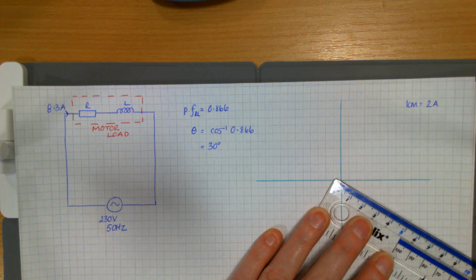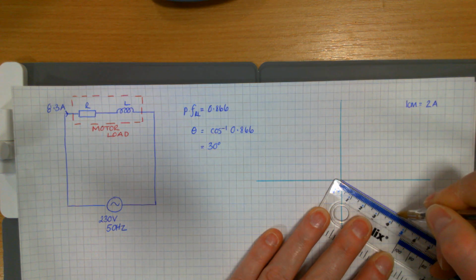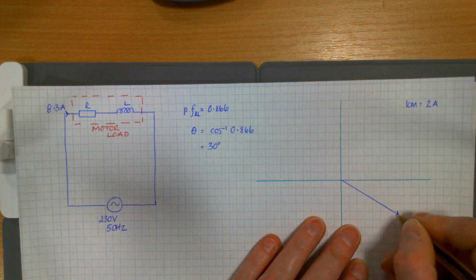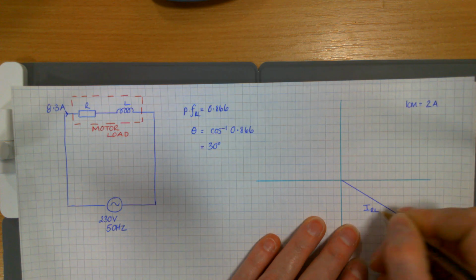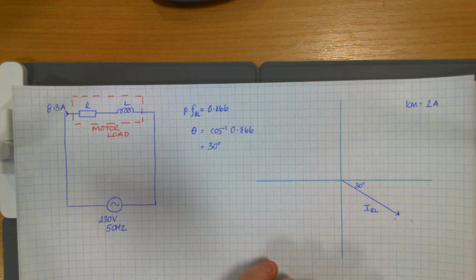Go a centimetre equals 2 amps for me. That's my IRL, and that's my 30 degrees.